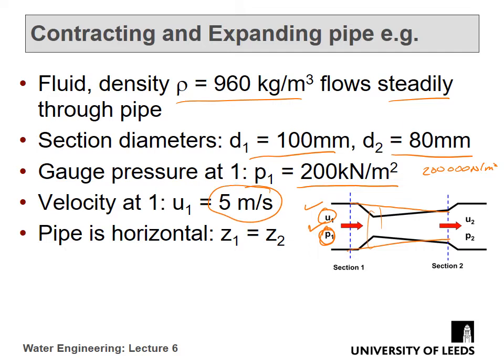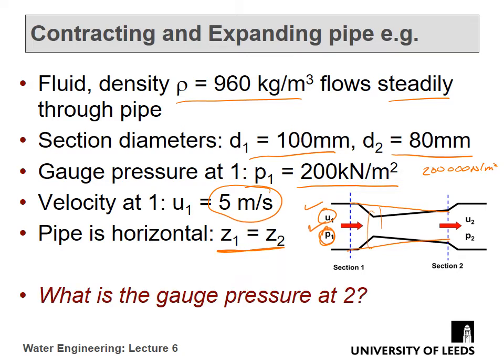Now the pipe is horizontal, so Z1 equals Z2, and these are going to cancel. Given these two, pressure and velocity going in, what's the pressure at point 2? We'll also work out what the velocity is at point 2. So these are our two unknowns.